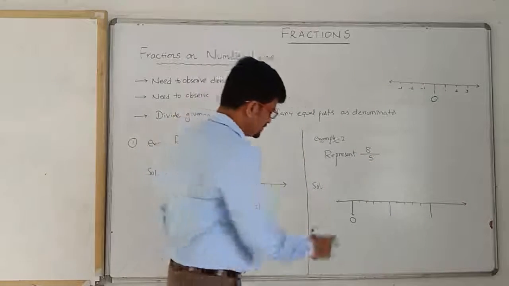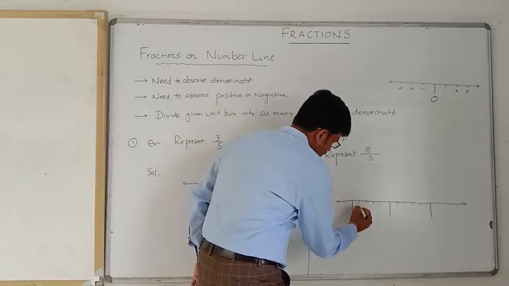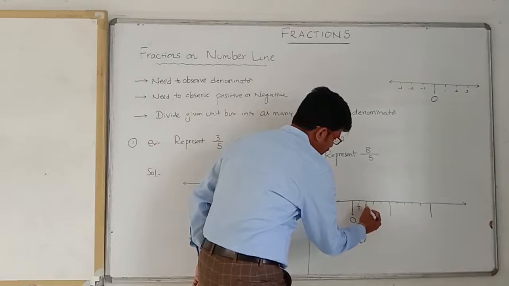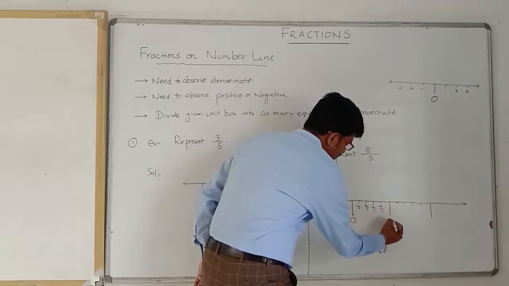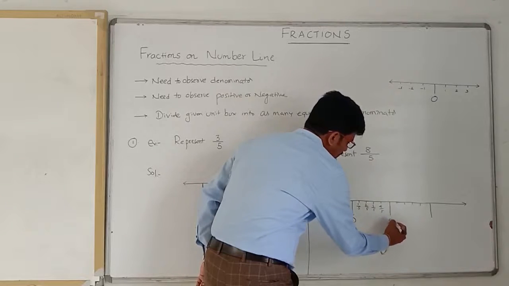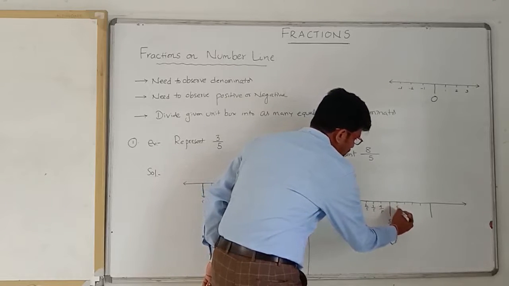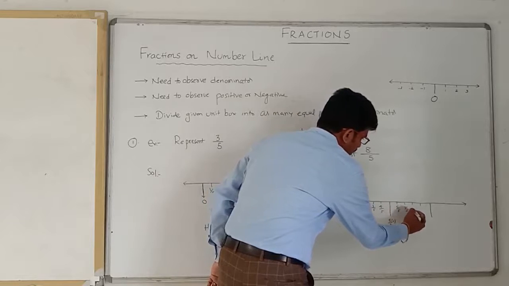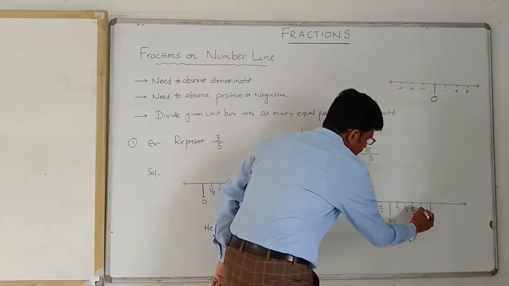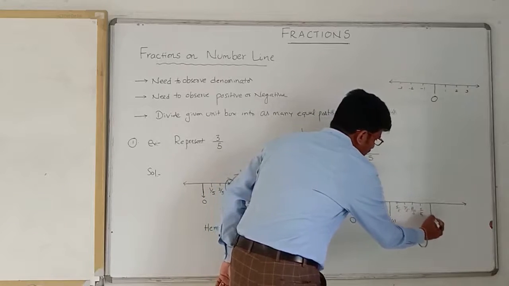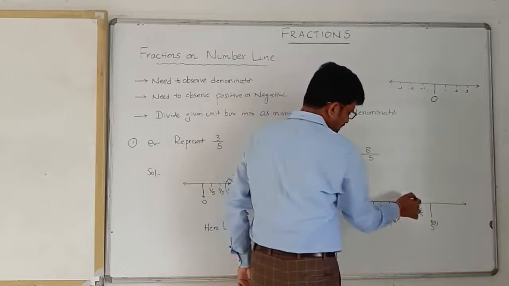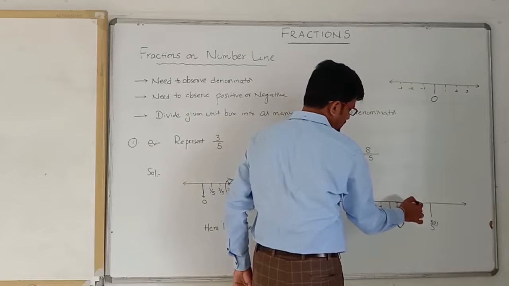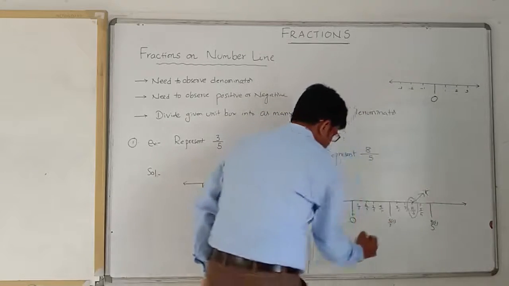Here 0, then 0 by 5, 1 by 5, 2 by 5, 3 by 5, 4 by 5, 5 by 5, which is 1. Again 6 by 5, 7 by 5, 8 by 5, 9 by 5, and 10 by 5 means 2. Am I right? Now what do we need to represent? 8 by 5.